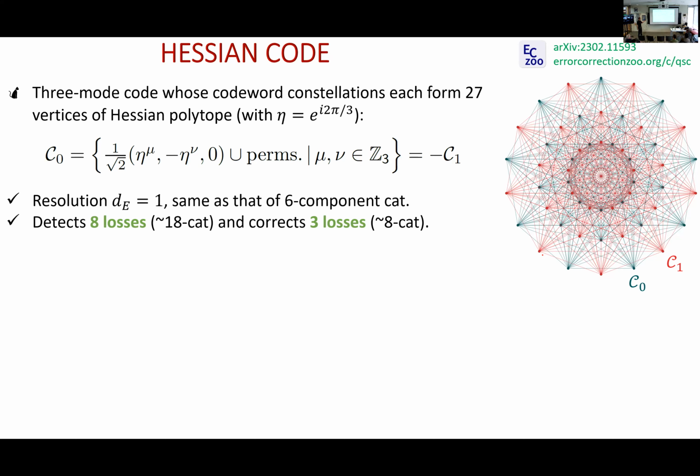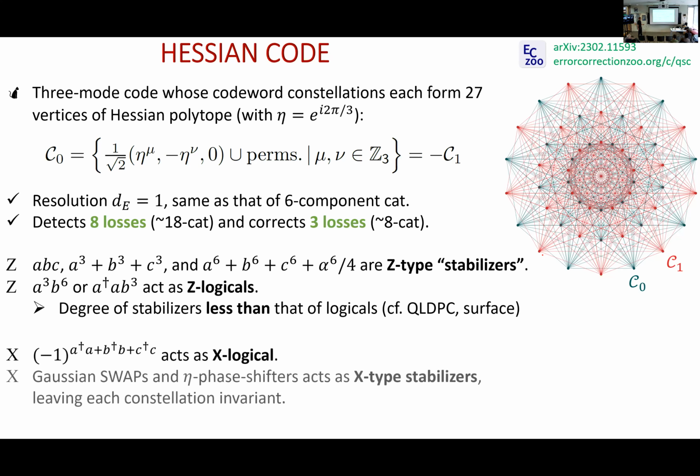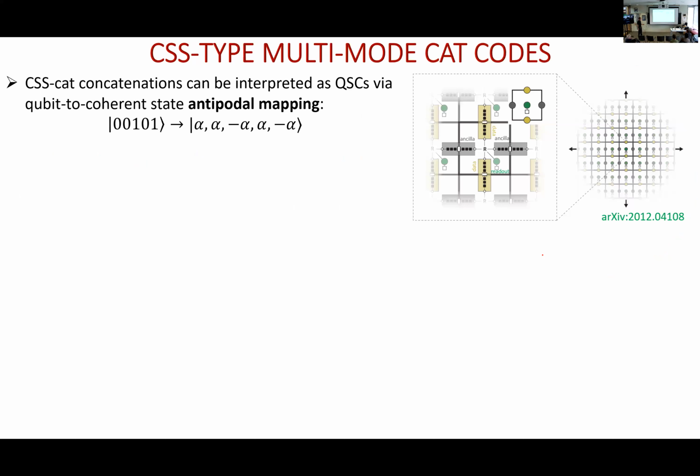So if you fix the resolution and you look at a cat code with the same resolution, this code will outperform the cat code, detecting 5 more losses than the cat code and detecting 6 more losses than this cat code and correcting 1 more loss. And maybe I can go back to this after I cover this slide, but probably not.